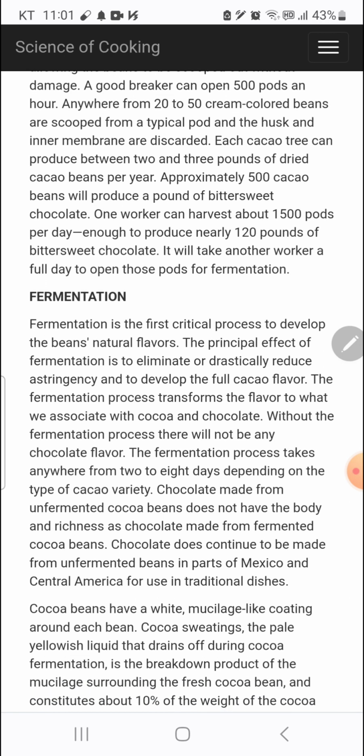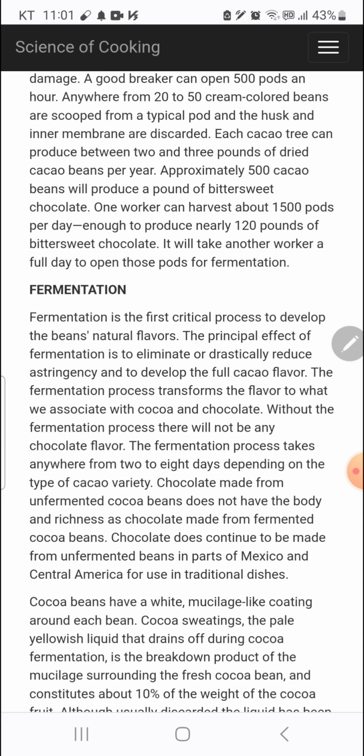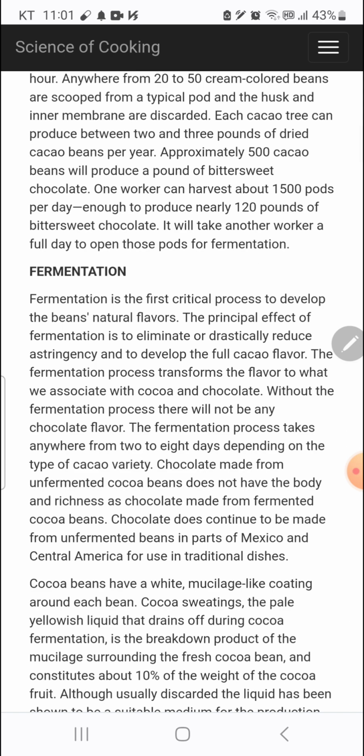Each cacao tree can produce between 2 and 3 pounds of dried cacao beans per year. Approximately 500 cacao beans will produce a pound of bittersweet chocolate.